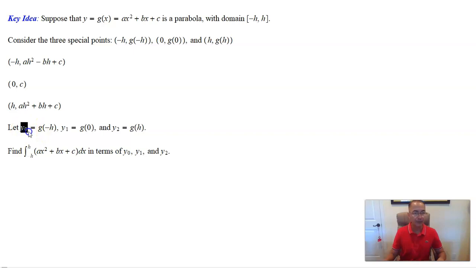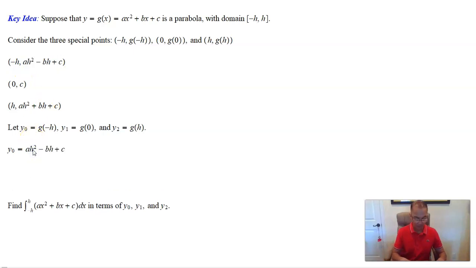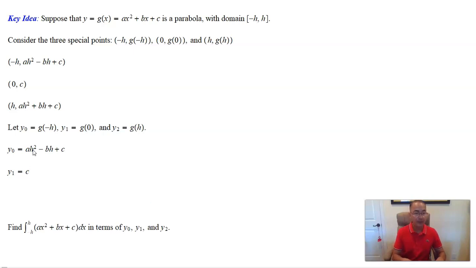So y0 will be this value, y1 will be this value, y2 will be this value. So y0 will be this, y1 will be c, and y2 will be this.